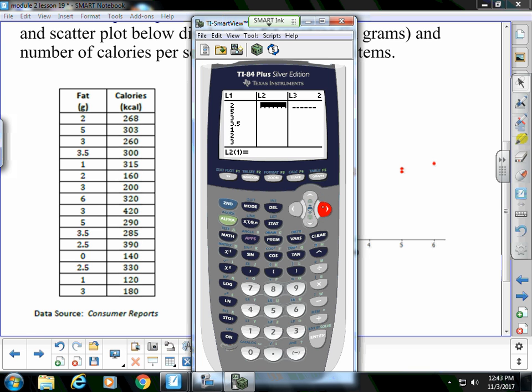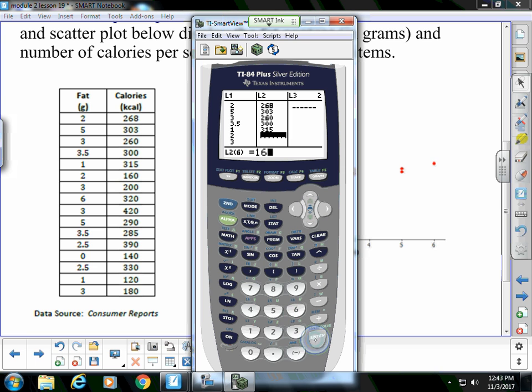And then over here, 268. So we're looking at the relationship between fat and calories of something, I didn't read it, 303. Oh, darn. 260, 300. Usually the more fat, the more calories. So there's usually a pretty good relationship.